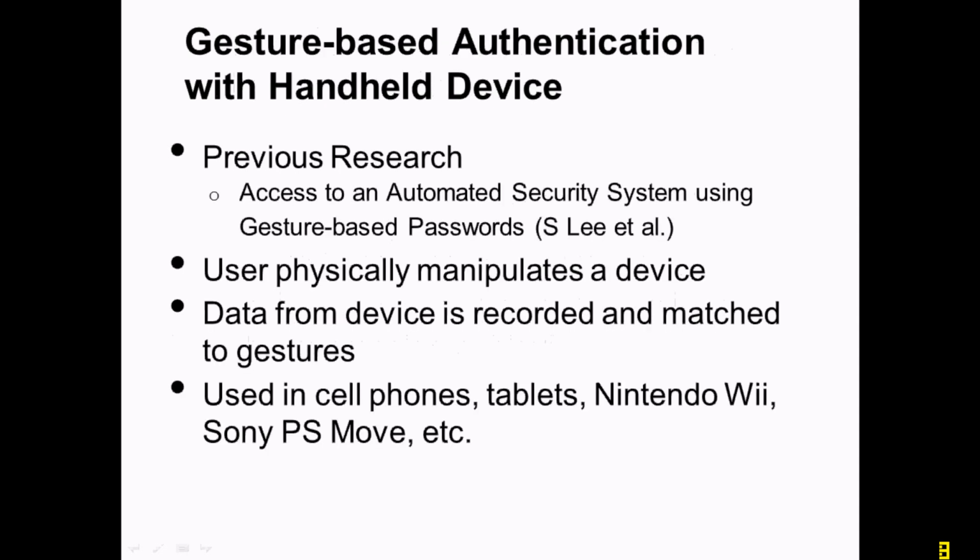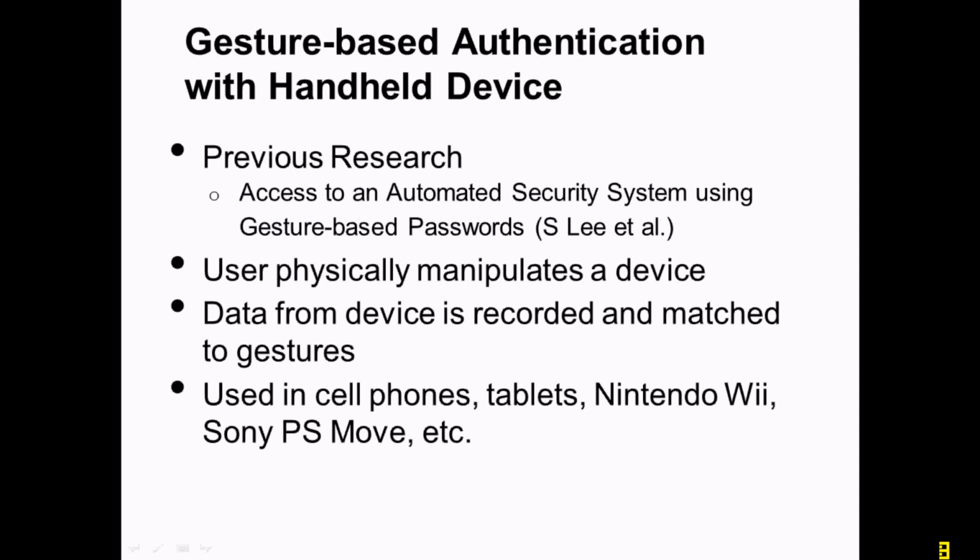Now, with gesture-based authentication, one of the flavors is using a handheld device. For example, in the paper that we're citing here, the authors use a cell phone. Many modern cell phones have accelerometers and other sensors that allow you to track their position in 3D space. With this flavor of authentication, the user physically manipulates a device, and the device records the data and sends it to a system to match that data to a gesture, usually by matching it to a certain template and deducing the gesture from that.